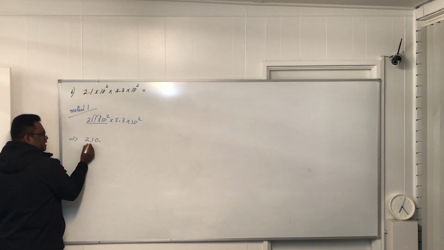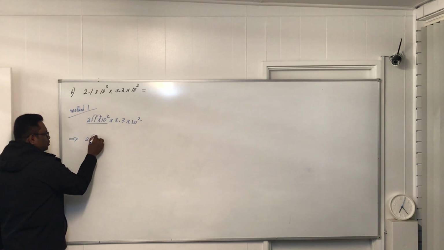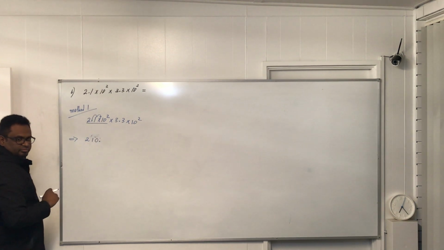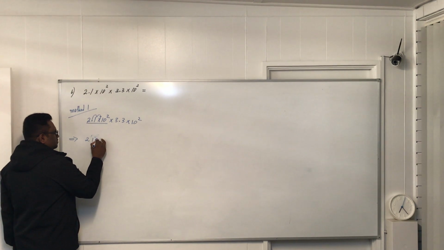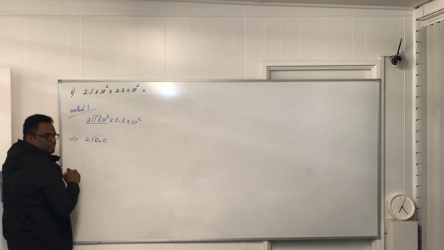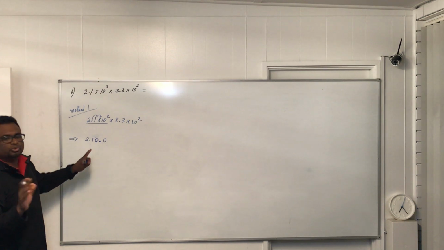It was here already, then move 2 positions, right? Now, if you don't have a number here, you put 0. Got it? This is going to be this. If you want, you can put a 0 there, no problem. Or you can say 210, no problem.